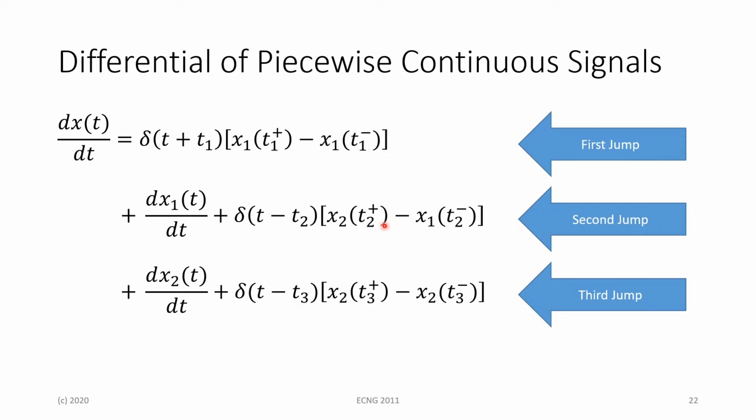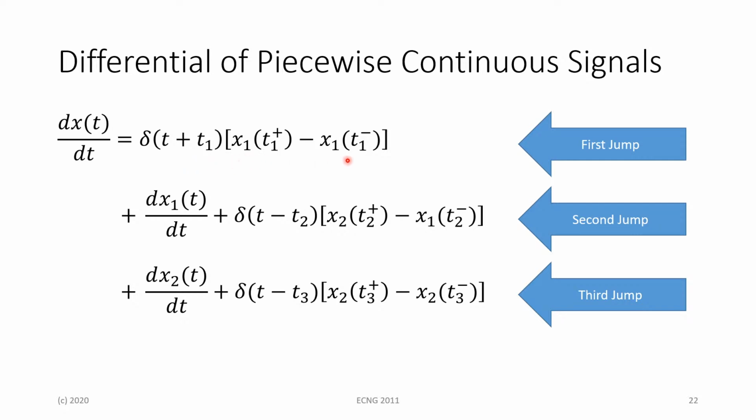So as such, when we have our first jump here, meaning for T1, remember this, the x1 of t signal doesn't exist before T1, but then it exists at T1 and further on. The unit impulse is going to be delta of t plus t1, because t1 is on the negative side of the x-axis.